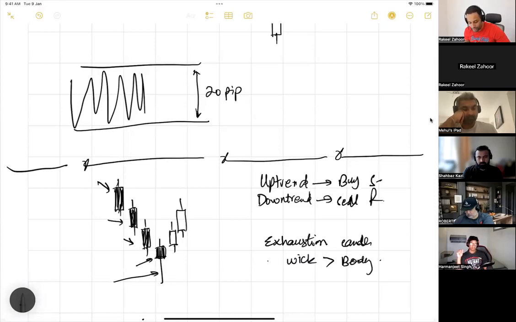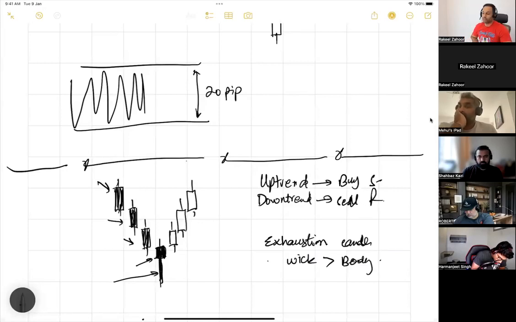So this exhaustion candle happens just before a retracement when price is moving up. This is a retracement indication right here. There's a very high probability that a retracement is incoming. But it also does not mean you should take a buy. It doesn't mean at all that you should take a buy. It just means that there's a very high possibility that a retracement is about to happen. Right now, this is in retracement.